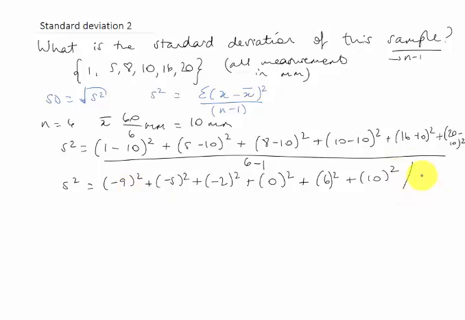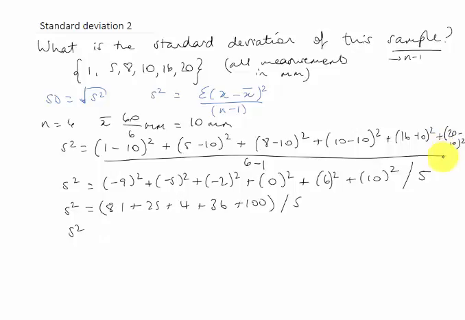All that over 5. So if we carry on, that is 81 plus 25 plus 4 plus 36 plus 100, all divided by 5. So all this is in millimeters squared. I'm going to come back to that idea in a minute.